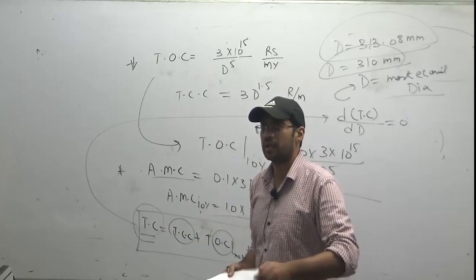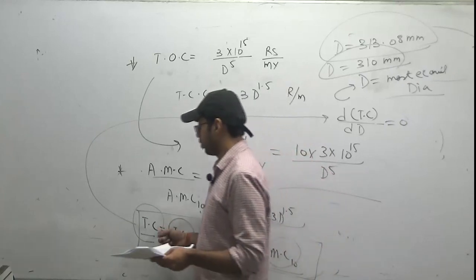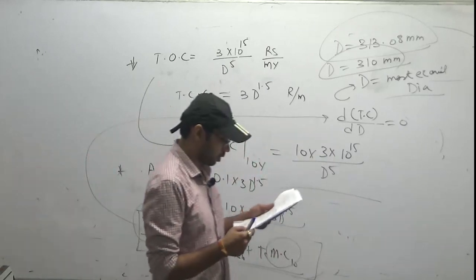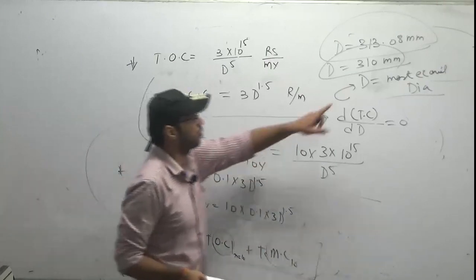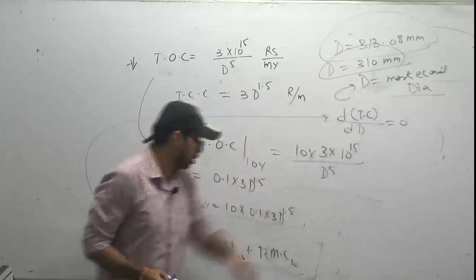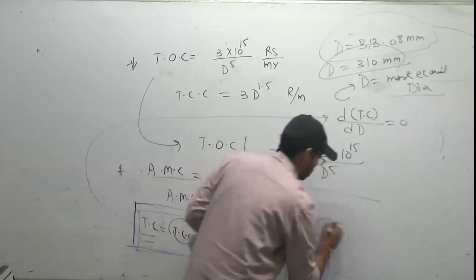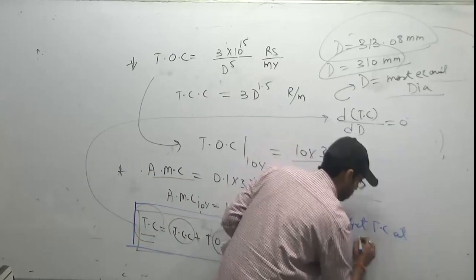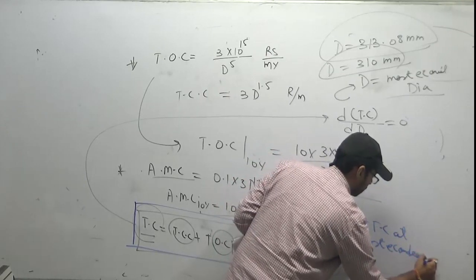So instead of saying calculate the most economical diameter, they can also give you the question: calculate the value of total cost for most economical diameter. For that, first you have to calculate the most economical diameter, then you have to place this diameter value in this equation to get total cost at most economical diameter.